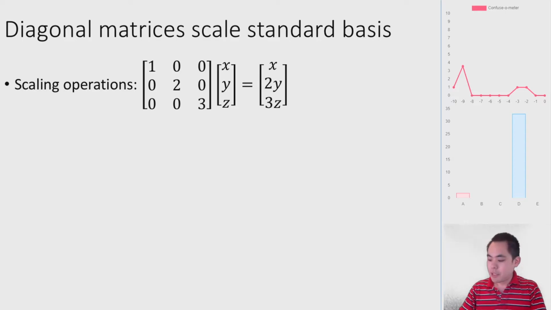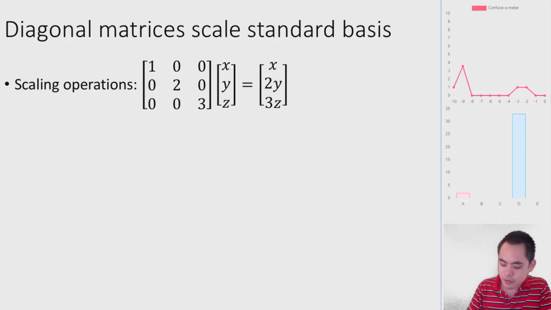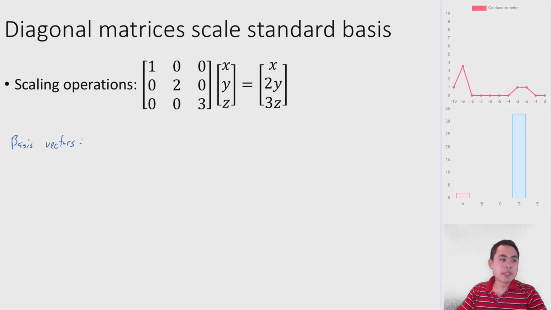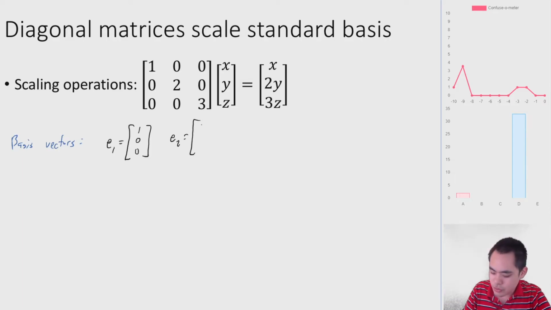Another way of thinking about this is through something called basis vectors, which are going to play a role later when we talk about eigenvectors. If we think about these basis vectors, we have E1, which is 1, 0, 0, then E2, which is equal to 0, 1, 0, and E3, which is equal to 0, 0, 1.